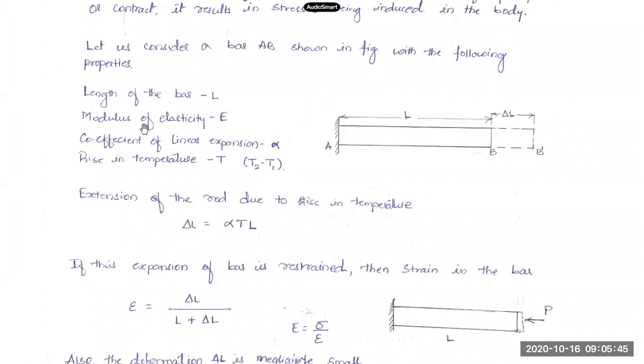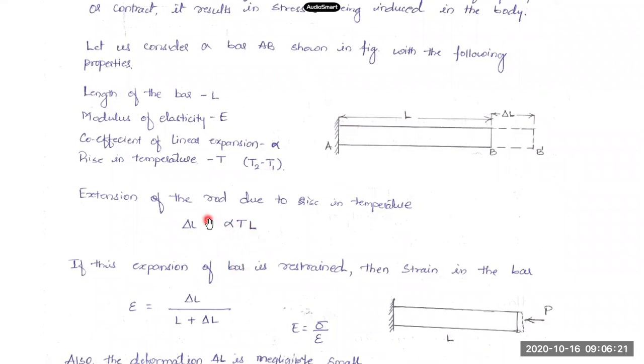Since the temperature is increasing from T1 to T2, there will be an increase in the length of the bar, which is given by alpha into T into L. Alpha is the coefficient of linear expansion, expressed per degree rise in temperature. T is the change in temperature, that is, the final temperature minus the initial temperature, and L is the length of the member. So this is the change in length.